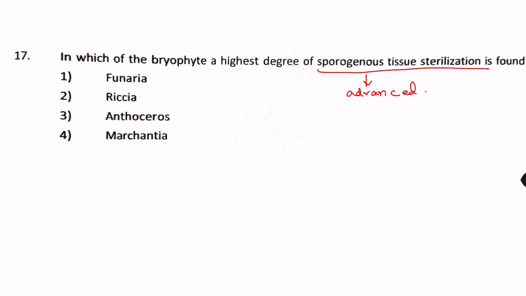So Funaria shows the maximum sporogenous tissue sterilization, and they have only a limited, precise number of fertile spores. So Riccia, Anthoceros, and Marchantia will be the wrong ones, and 1 will be the correct answer. We have to know from here that this is an advanced character we are talking about.